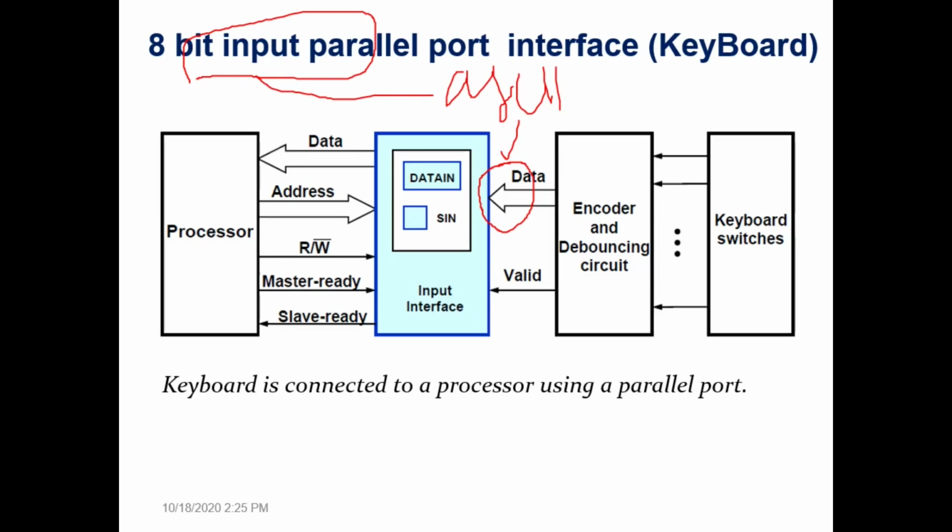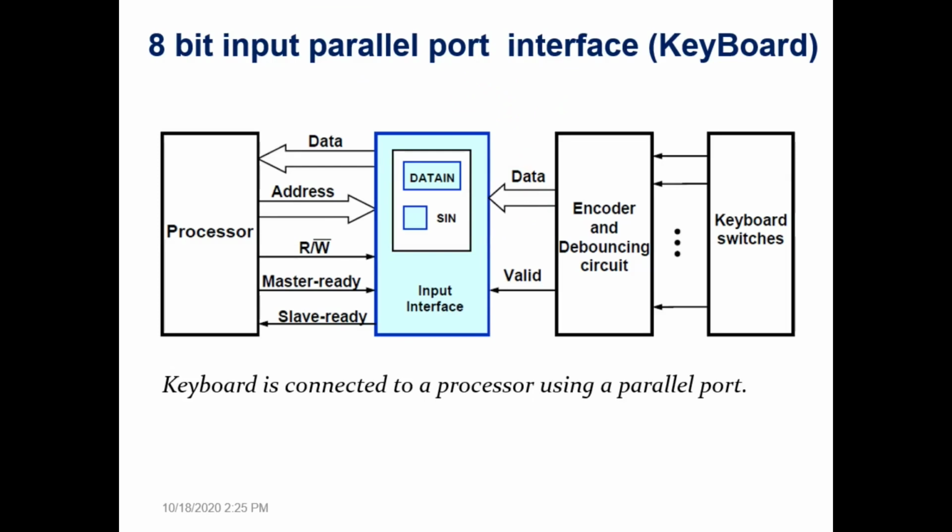So now let us see what happens towards the processor side of the interface circuit. You can see there are 5 different signals. The data signals are used by the processor to read data from the I/O interface of the keyboard. And here the address is there.